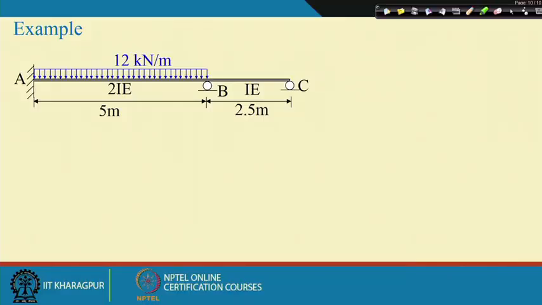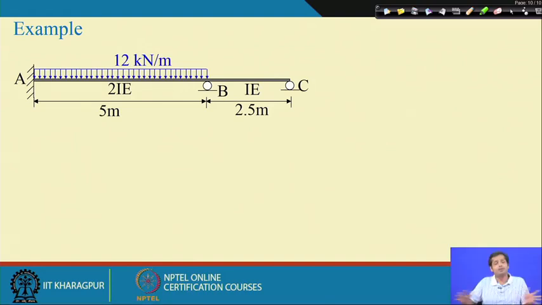In the previous example, the EI is constant for all the members, right? But suppose EI is not constant. In one member it is EI, or you may have something like varying EI, so either your geometry is continuously changing along the length. You may have different kinds of such geometry.